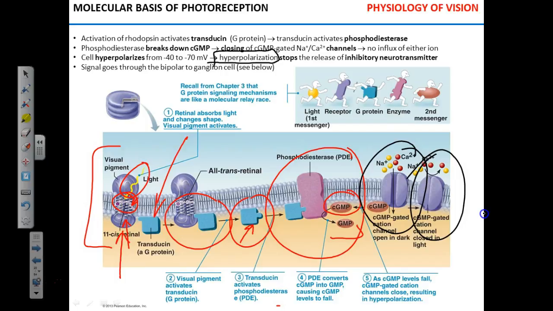Does that make sense? So, skipping all the steps, light, how does it change the membrane potential of the photoreceptor cell? It hyperpolarizes the photoreceptor cell. Does that make sense? Okay? Do you want to go over these steps one more time without the slide, so you can tell me what's going on?